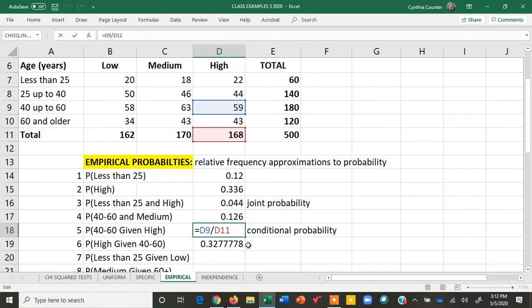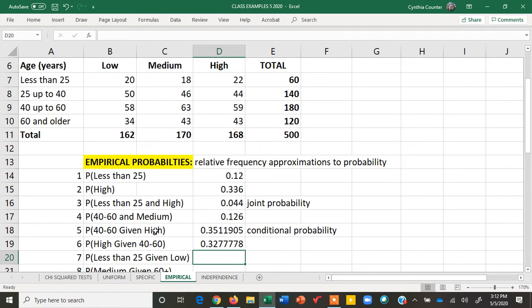Here the denominator is D11, the total for the high column, because we were given the individual reported a high job pressure. And on this one, the denominator was the 180, or the total for the 40 up to 60 age group, because we were given the age group 40 to 60.